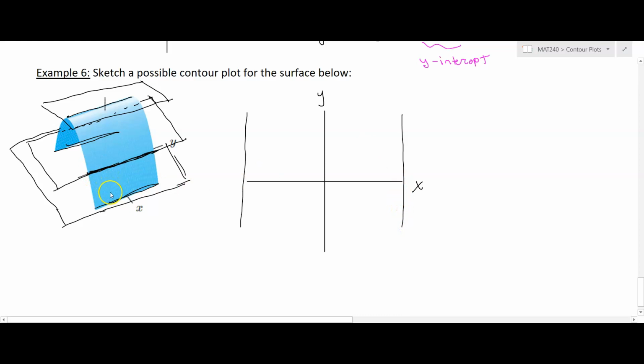Now I see that the slope is rising as x works its way inward. I see that this is a lot more steep than this portion of the curve is. So to get a constant change in elevation, I'm at first going to have to move in quite a bit in this direction to get, let's say, a 2-unit change in elevation. But those two lines that I would get on either side would be closer together.